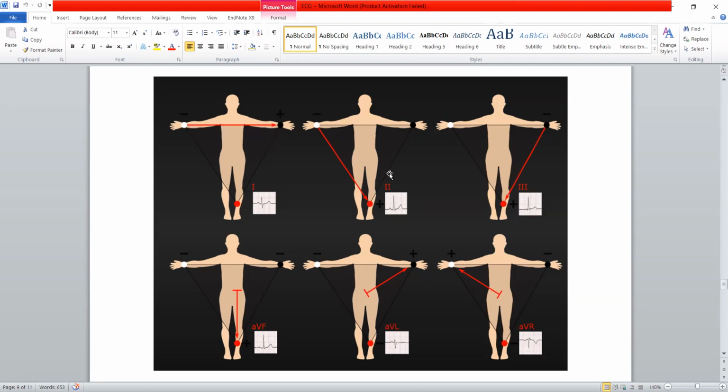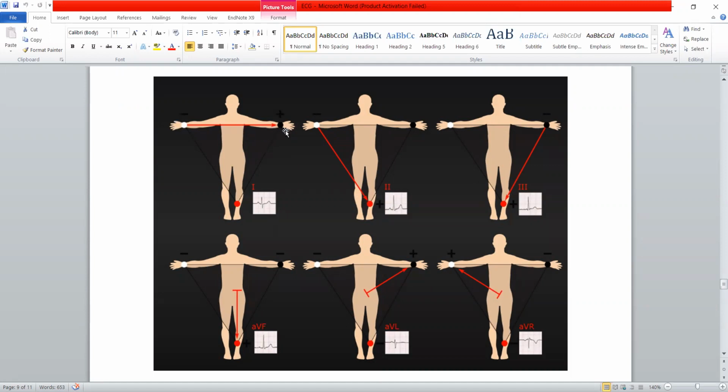The second bipolar limb lead, lead 2, has a positive terminal at the left foot. Lead 1 has a positive terminal on the left arm, this is the left side, this is the right side, and a negative terminal on the right arm.